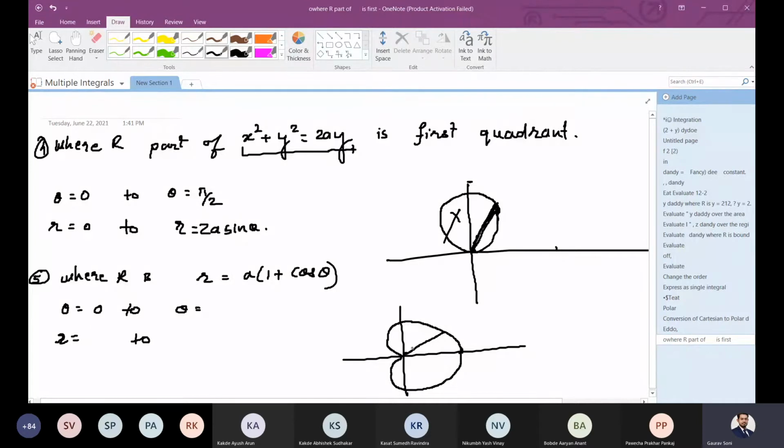So theta is running, the strip will be rotated from 0 to the end point. Theta is running from 0 to theta equal to 2 pi. r is running from 0 to the edge of this curve. At the edge, the value of r is a(1 plus cos theta).